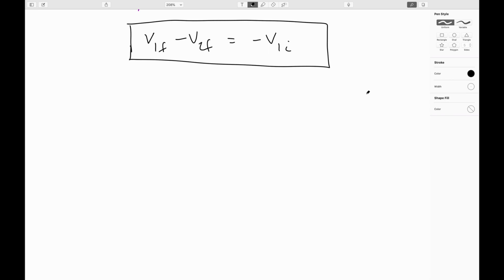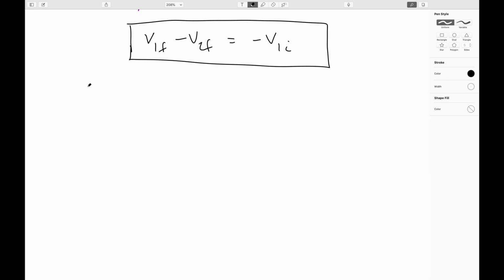Because what this says is, if you have an elastic collision, what's V1 final minus V2 final? That's the speed at which the objects are pulling apart. This negative V1 initial, since V2 was at 0 to begin with, if we drop minus signs here, that's the speed at which the two objects were approaching.